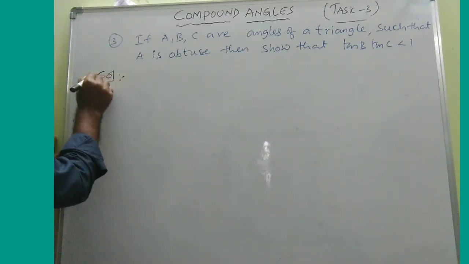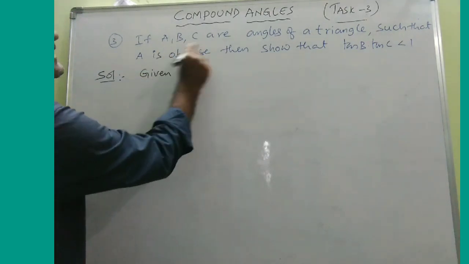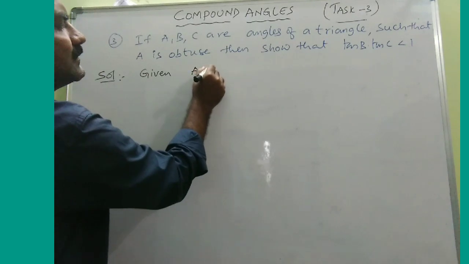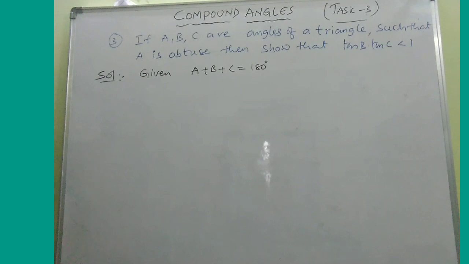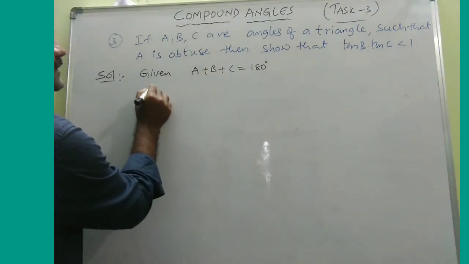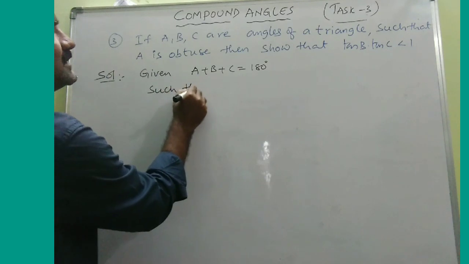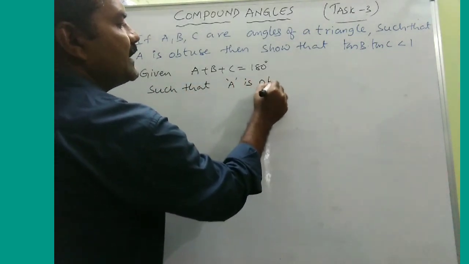So coming to the solution, given A, B, C are the angles of a triangle, that means A plus B plus C equals 180 degrees. We all know that the sum of the angles in a triangle is 180. Next, what is given? Such that angle A is an obtuse angle.